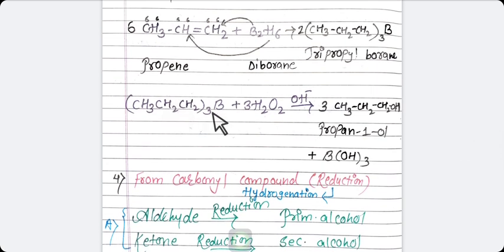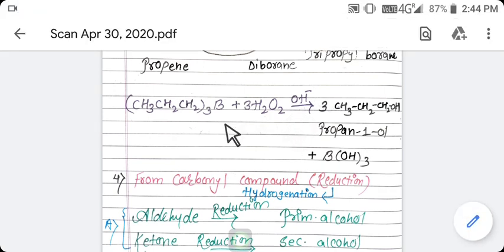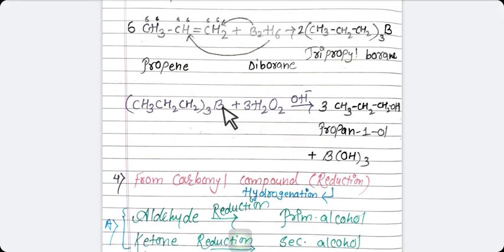It reacts with hydrogen peroxide. Students, see, in hydrogen peroxide there are 6 hydrogen and 6 oxygen, meaning tripropylborane is oxidized to alcohol by hydrogen peroxide.